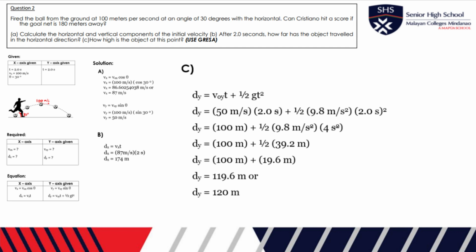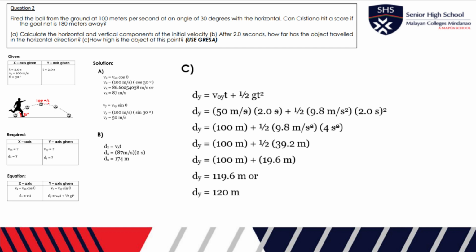Again, do the operations following PEMDAS, and we have 39.2 meter, giving us d sub y is equivalent to 100 meter plus 1/2 multiplied by 39.2 meter. Now, again, do the operations, giving us d sub y is equivalent to 100 meter plus 19.6 meter.